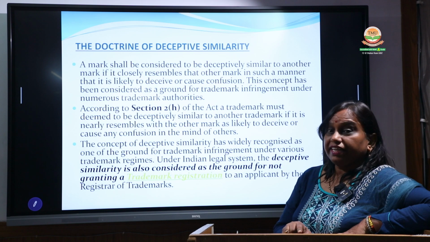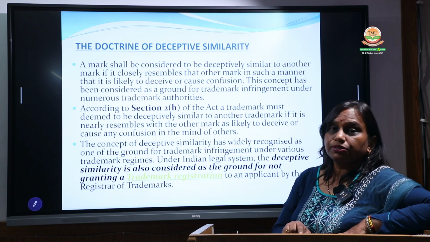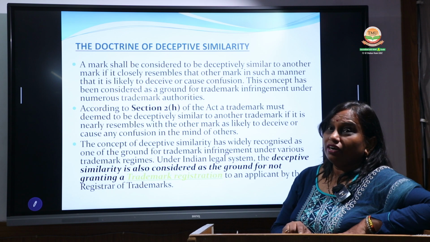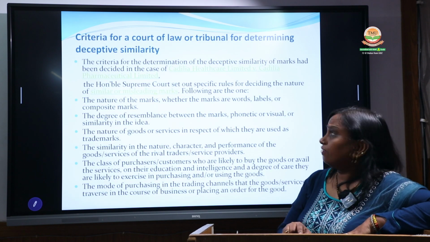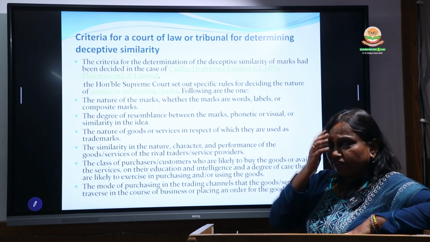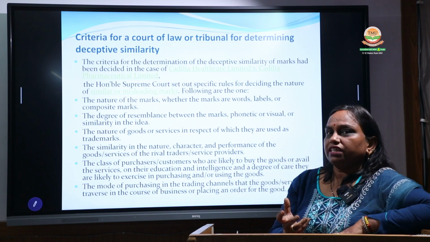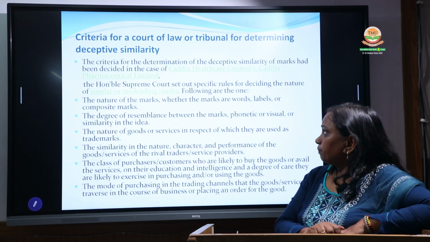So it is infringement of the trademark law if somebody is using a similar or deceptively similar trademark. As we will see, the criteria for a court of law or tribunal to determine deceptively similar, what are the factors, what are the elements which are considered as deceptively similar.